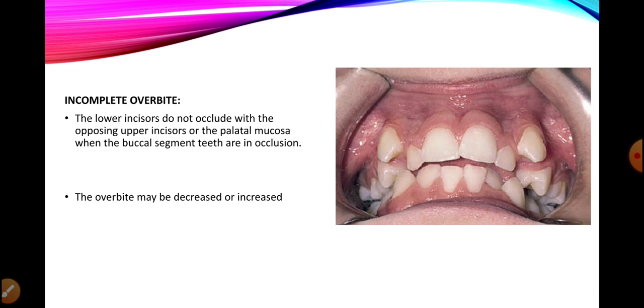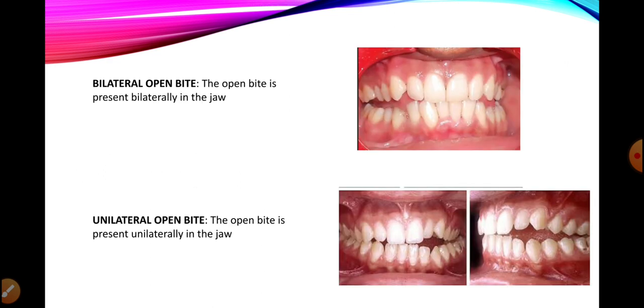So those circumstances in which the lower incisors do not occlude with the opposing upper incisors or the palatal mucosa, when the buccal segments are in contact. Here we can see that the buccal segments are in contact and the lower incisors are making no contact with either the opposing dentition or the palatal mucosa. This type of malocclusion will be termed as incomplete overbite.